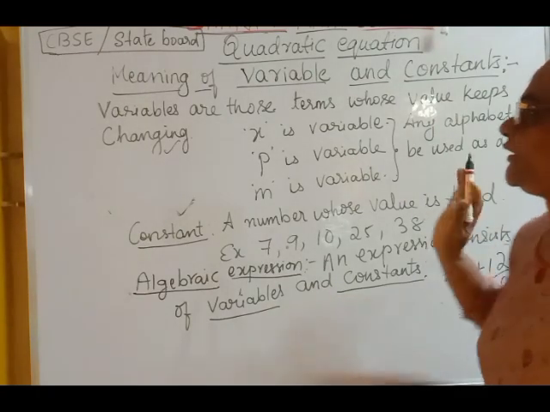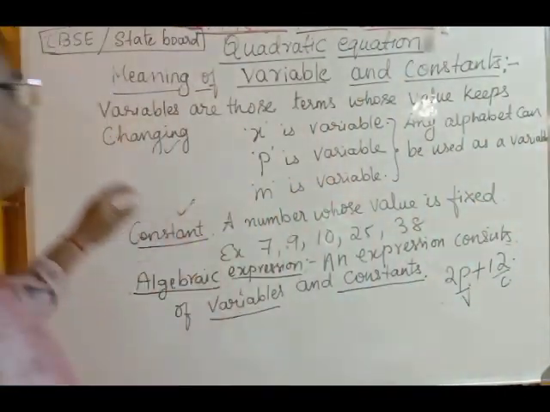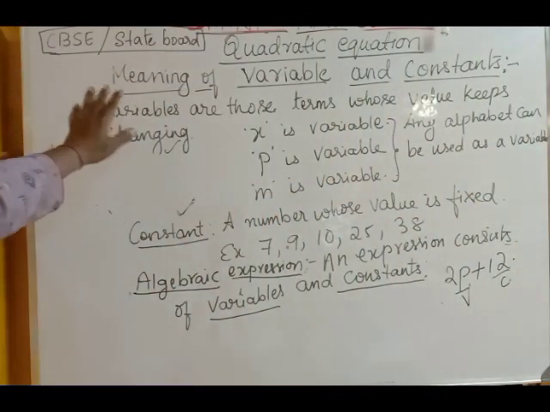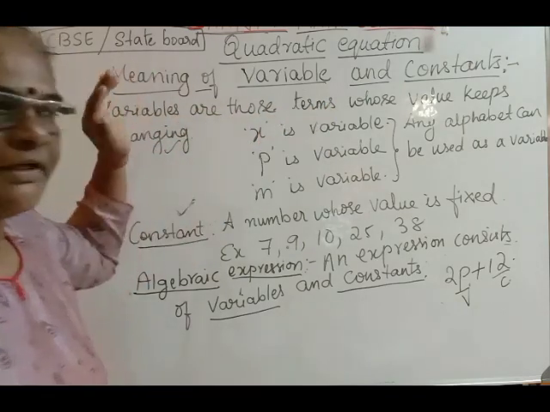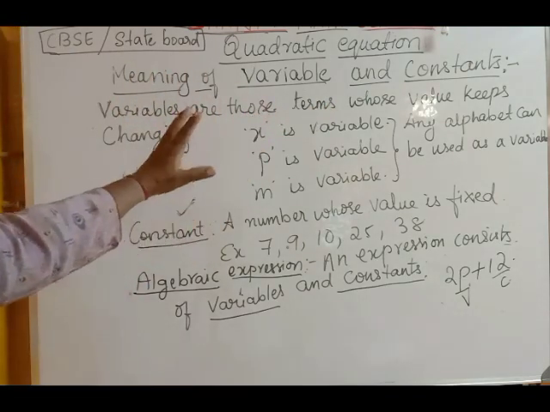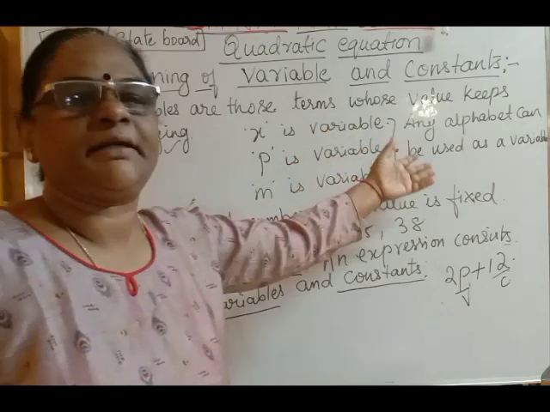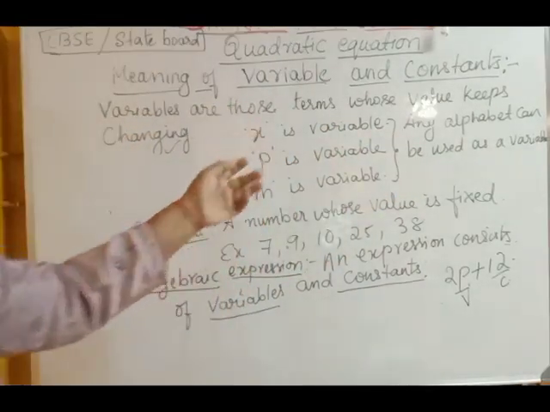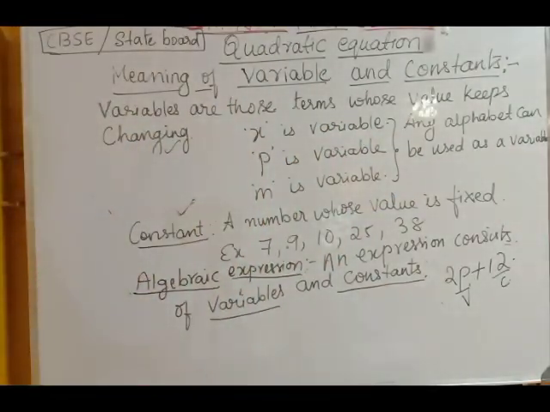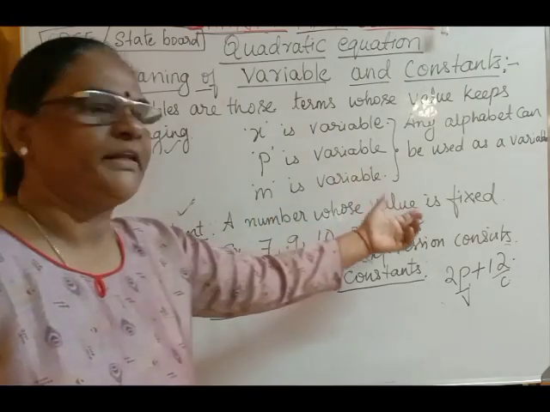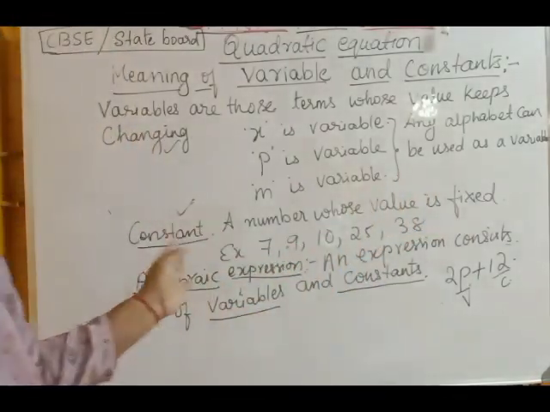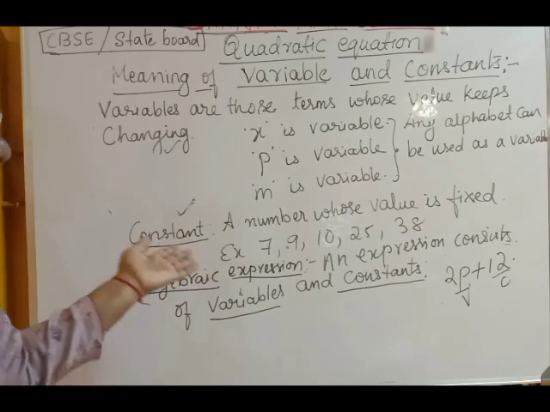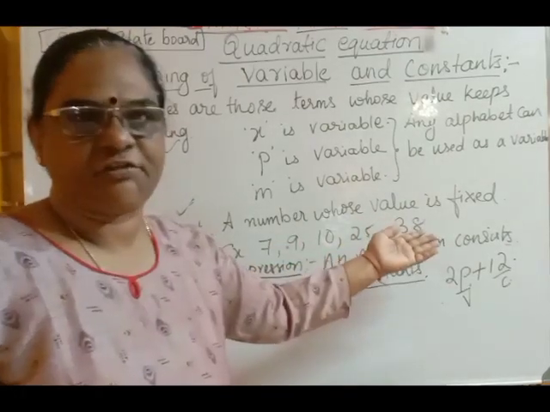So here three important things you have learned. What is the meaning of variable? Variables are those terms whose value keeps changing, so you can use any alphabet to represent a variable. Constant is nothing but a number whose value is fixed. Whatever numbers we use in our daily life, all these numbers have fixed value.